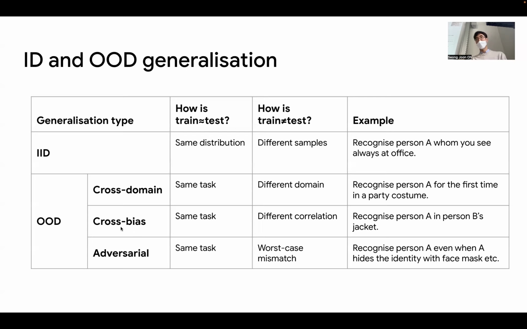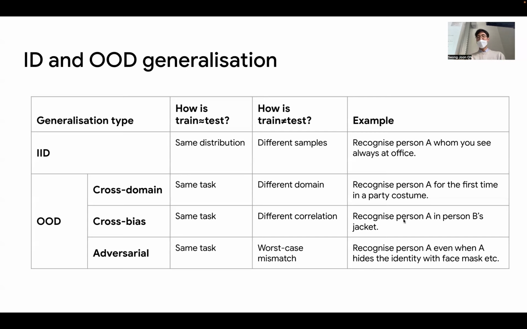Because cross-domain generalization is mixing a lot of different factors together, I like to focus more on cross-bias generalization, which is exactly when the cue that's changing from the training set to the test set is the cue that the model is likely to look at. Let's say the model is very likely to look at the clothing of the person.